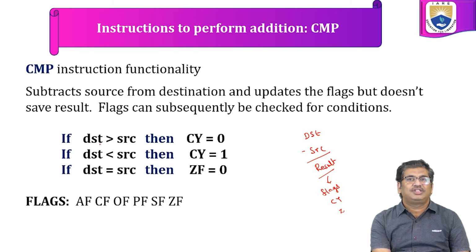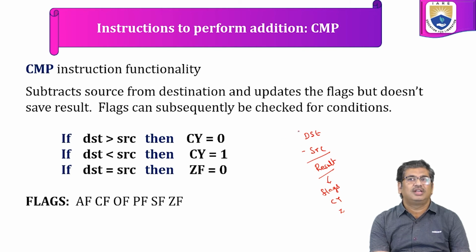Suppose the destination is greater than the source. In this subtraction the result is positive, so there is no need of any carry or borrow, so the carry flag is equal to 0. If the destination is less than the source, that means the destination has a lesser value than the source, so you require a borrow here.